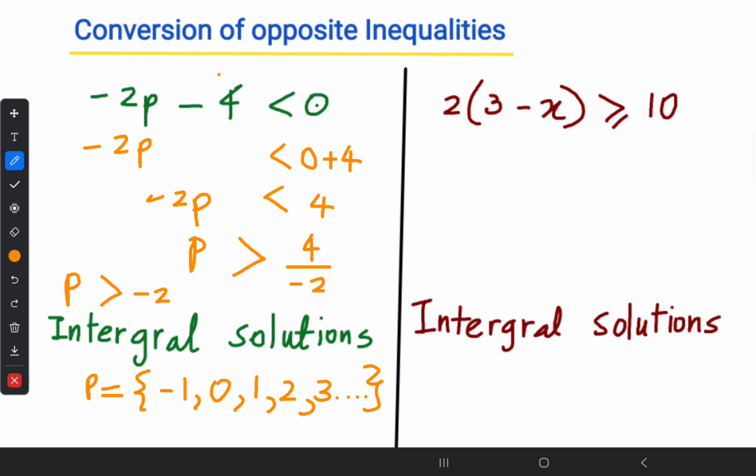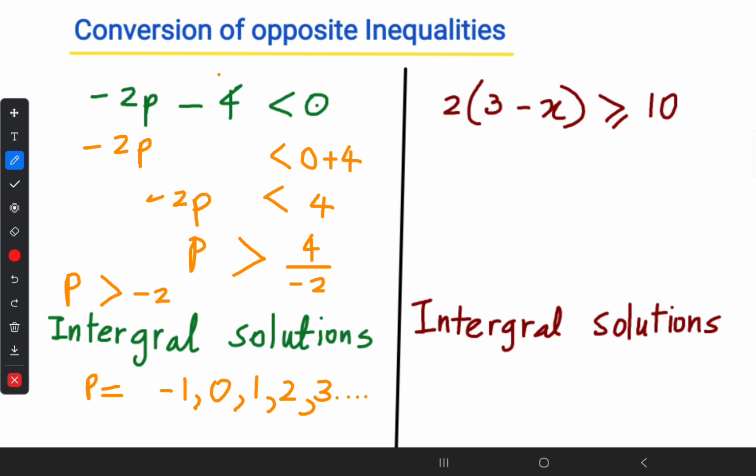In set notation you can write, or else without set notation also you can write. Both are correct. Integral solution means we are not considering fractions or decimals or surds, only whole numbers. It's possible to have negative numbers, positive numbers, and 0 is also an integer. So you should consider 0 also.